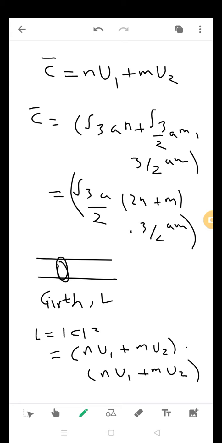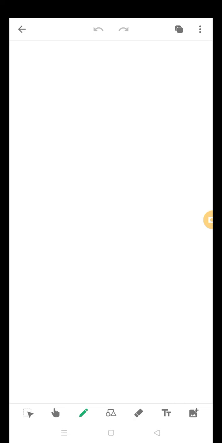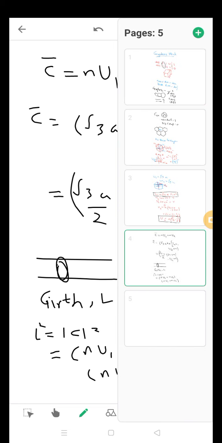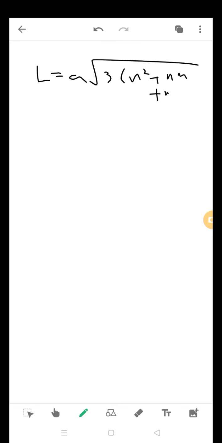So on simplification, putting all the values of U1 and U2 as we have derived, the value of the girth L becomes root 3 a times the square root of n square plus nm plus m square.